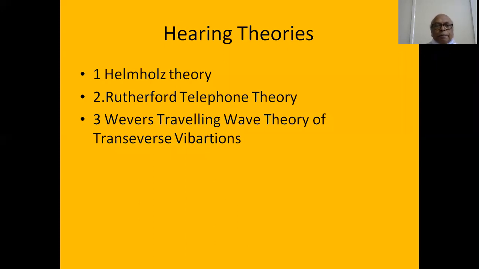The third theory, called Weaver's traveling wave theory of transverse vibrations, is more accepted. As per this, there is a place for each frequency in the basilar membrane. For each frequency, the entire basilar membrane vibrates, and these vibrations are carried as traveling waves into the auditory nerve.